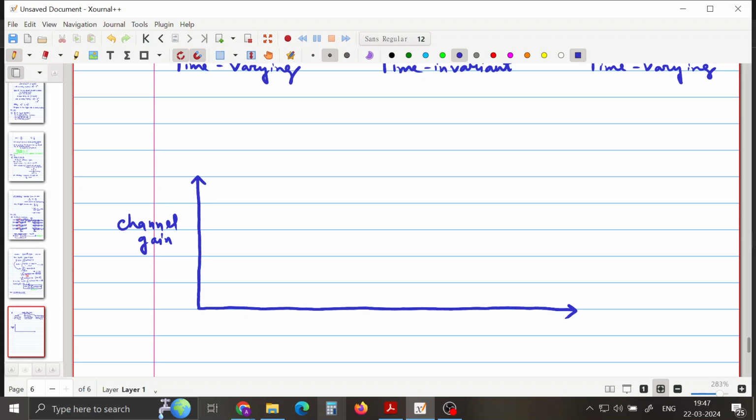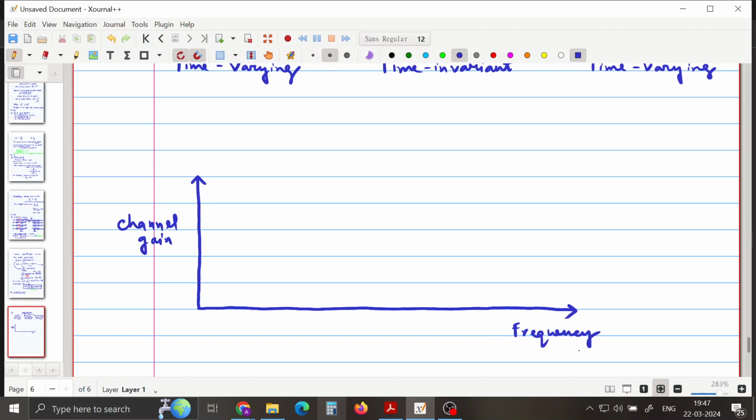The channel is characterized by some frequency response of the filter, let's say h of j omega or h of f. You take the absolute value of that frequency response, mod of h of f, so that's your channel gain. Along the horizontal axis you have frequency.